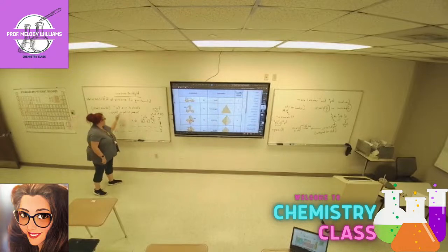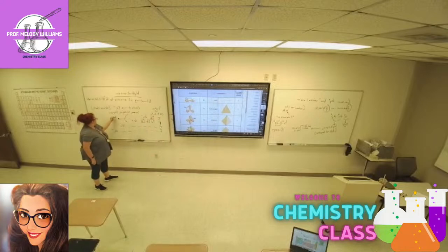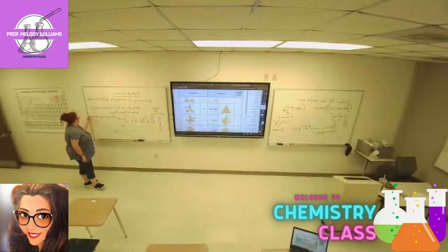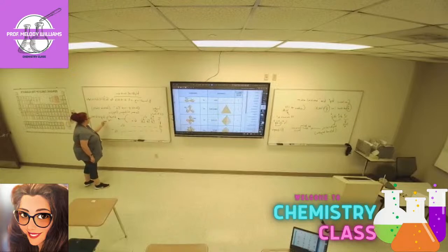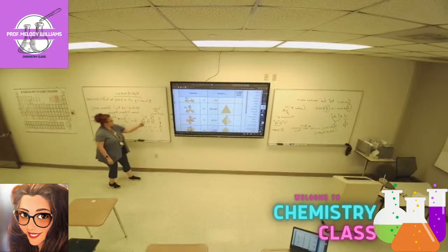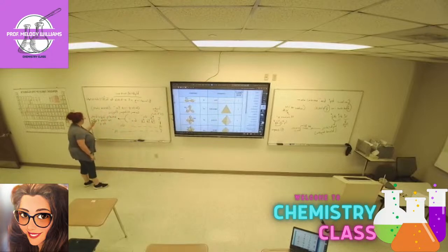So for hydrogen, carbon, nitrogen, and oxygen, we're blending s and p orbitals to make 4 spaces. If you remember, each one of these holds 2. 2, 4, 6, 8. Make 4 spaces for 8 electrons.